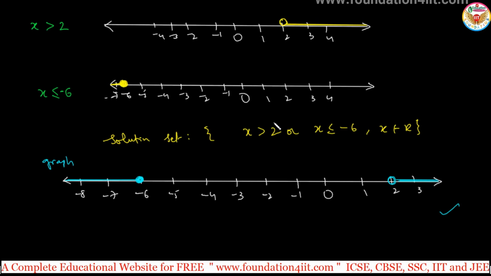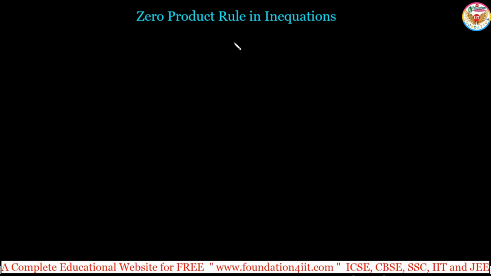Along with this, there is some more: the zero product rule. Even in inequations, we have some problems, and we'll solve those. So in linear inequations, we need to understand one more product rule. For example, if you see a statement like x minus 3 into x plus 5 is less than 0.